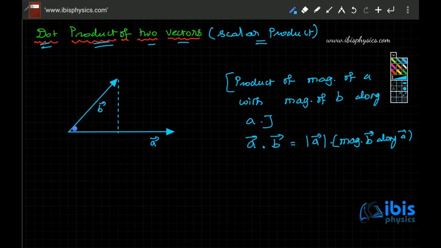Suppose the angle between the two vectors a and b is theta. The length of the hypotenuse is b. In a right triangle, sin theta is opposite side by hypotenuse. Opposite side is equal to hypotenuse times sin theta. So the length of this is b sin theta.